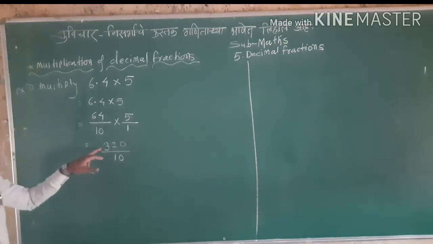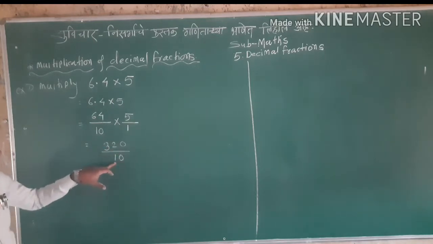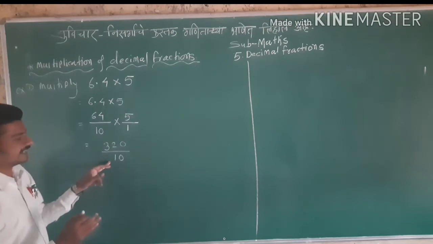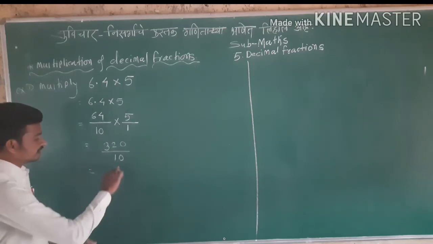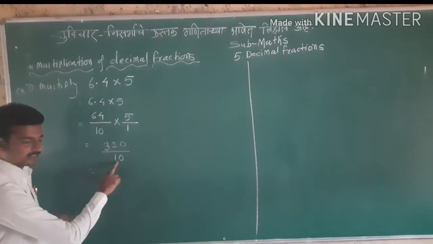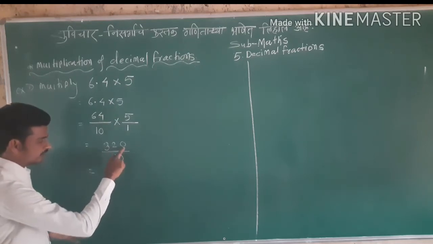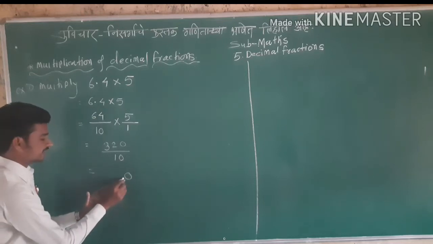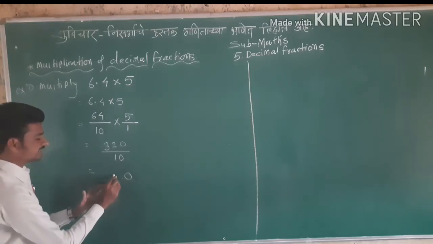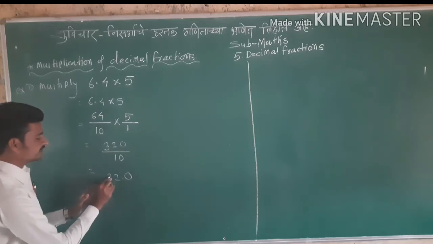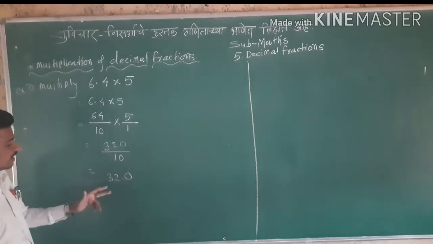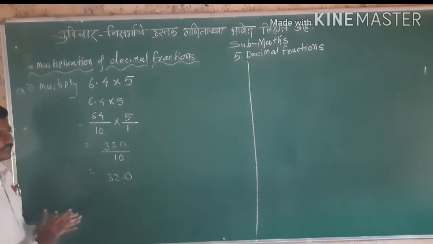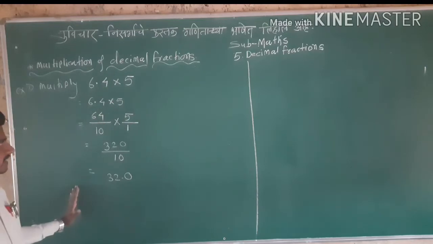Now 320 upon 10, that product we write in decimal form. The denominator is 10, so that 0 is written in the tenth place. After the decimal point, the unit place is 2 and the tenth place is 3. So we get the answer 32.0, that means 32. This is the first method.